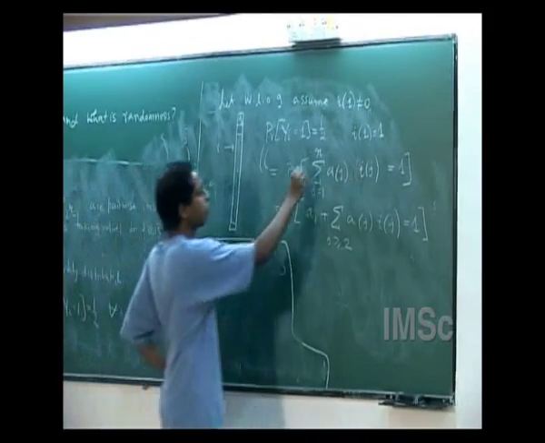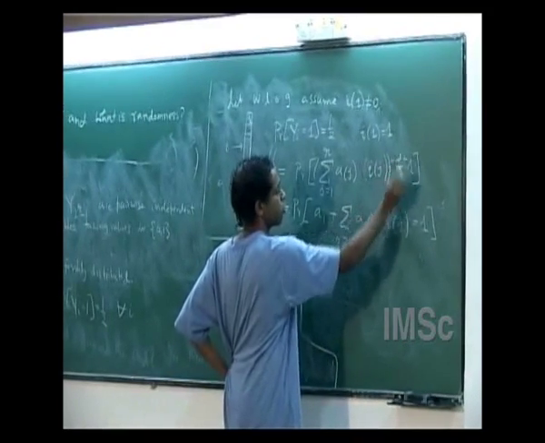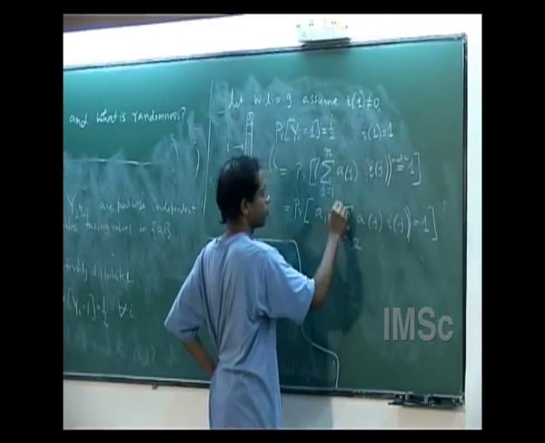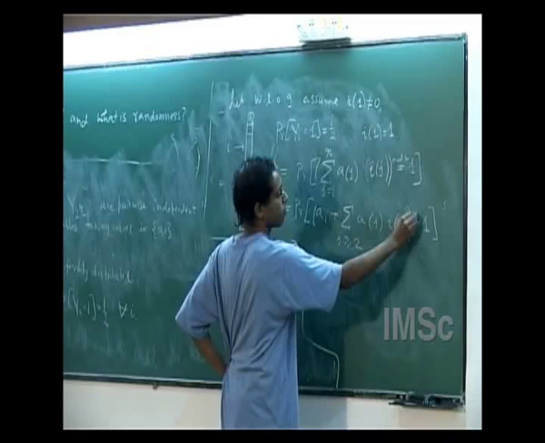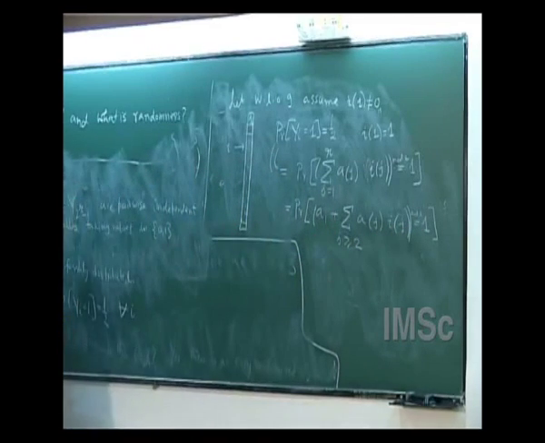Maybe I should carry always mod 2, otherwise it can look confusing. So what I mean is just mod 2. But if it is clear to you, then you can just ignore that symbol. Alright, so this is the probability you have to estimate. Now can anybody say why it should be half?